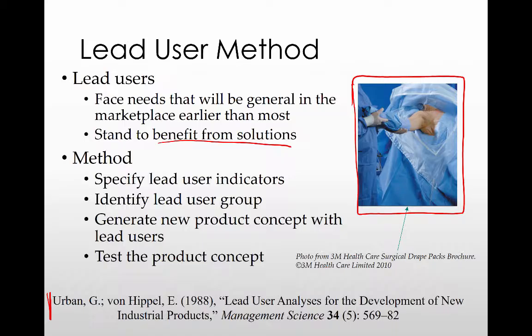Now, they're not the same as the target market for surgical draping, which was principally surgeons working on humans, but the large animal veterinarians had particularly challenging applications of surgical draping, and the environments they worked in are in some ways much more difficult to keep aseptic, and it can be hard to avoid infections when you're working in a barn. So they really helped 3M to focus on the features of draping that would be useful. As to the method and its steps, I'll leave that for the paper.